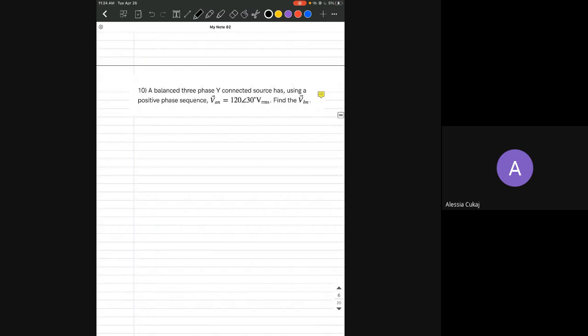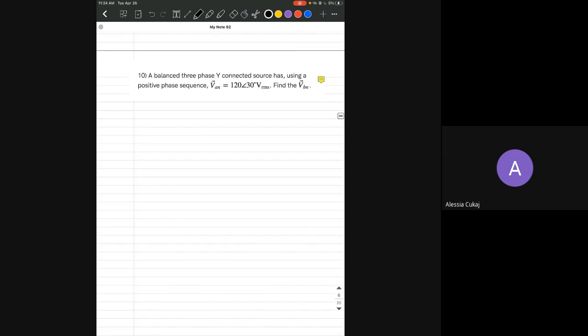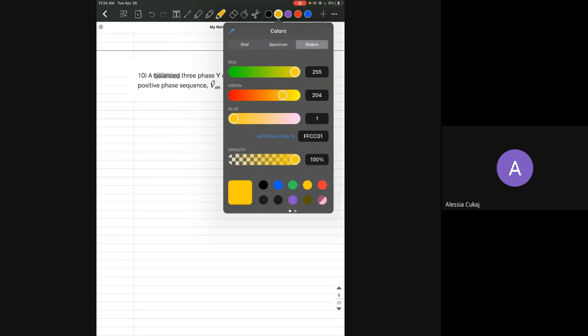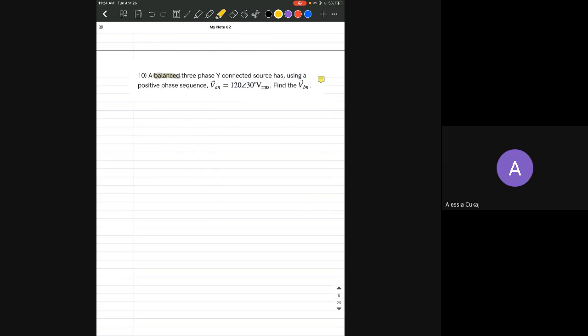Now the next question. We have a balanced 3-phase Y-connected source using a positive phase sequence, and VAN is given to you as 120 angle 30. They're asking you to find VBN. The first thing, which is really important, is that it's balanced.